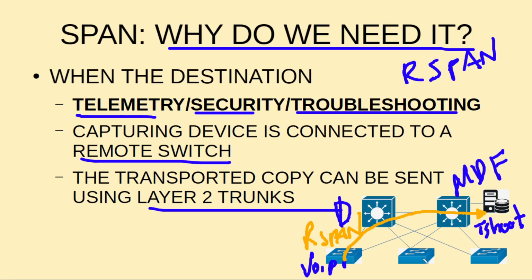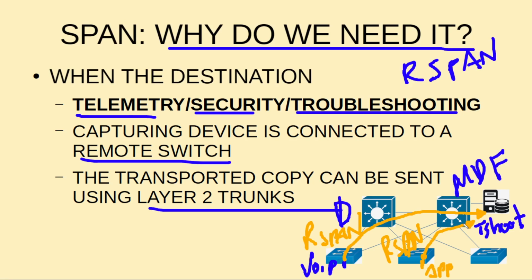And then maybe in another case, you have issues regarding an application that is running on an end user device that is connected to a different port in a different access switch. And in that moment, you can also create a remote SPAN session in order to create a copy of all the traffic that is going through that port and send it to your troubleshooting server, so you can do the same and figure out what is the root cause for this other incident.